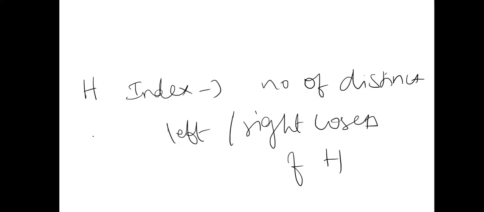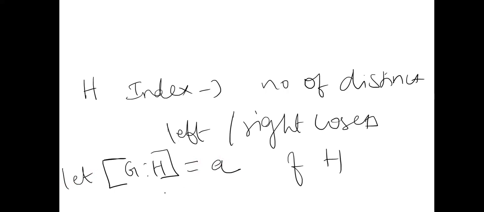So now H is of finite index. Therefore, we have a notation for this. And this is the notation. We read this as the index of H in G. So since H and K are of finite index, let me take the index of H in G to be equal to maybe A, whatever you want you can take.